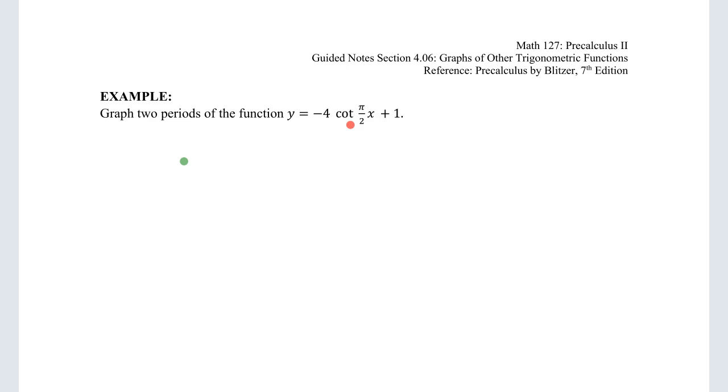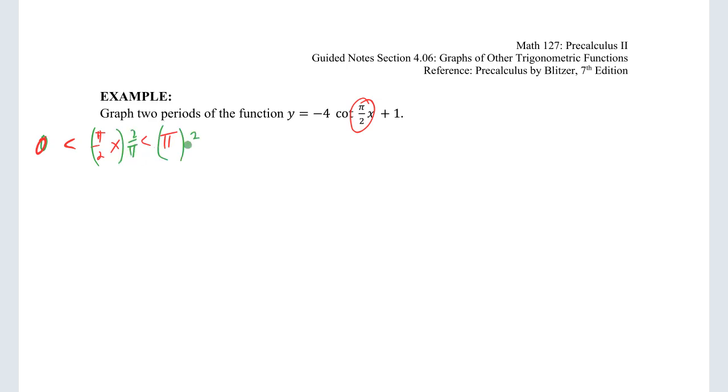So we are going to identify the asymptote within 0 to pi. Between here we have pi over 2 x and then pi. I'm going to multiply everything by the reciprocal of pi over 2 since we want to completely isolate the x here.